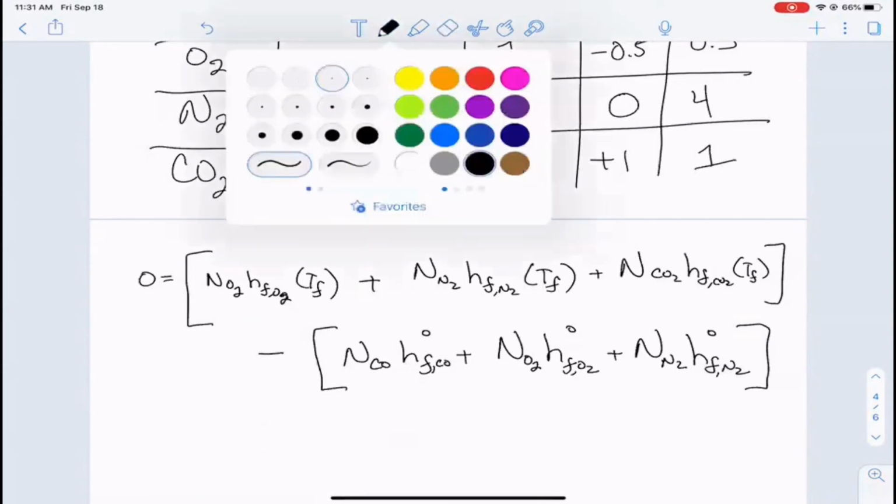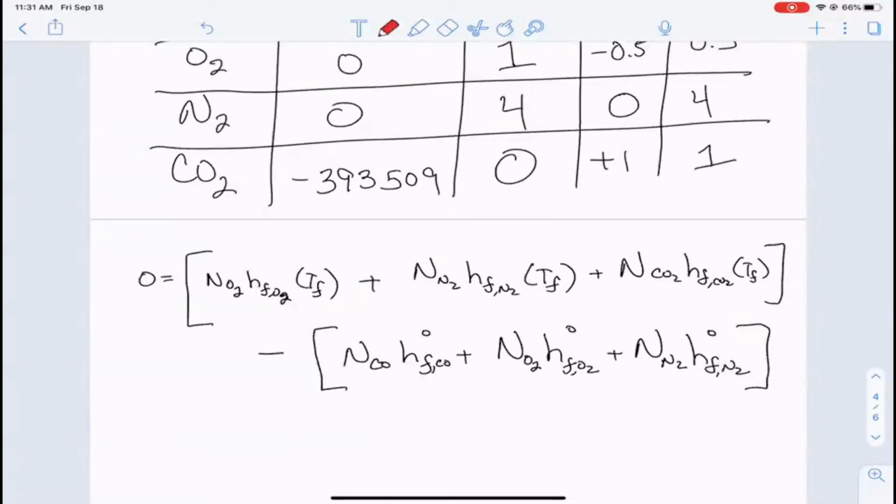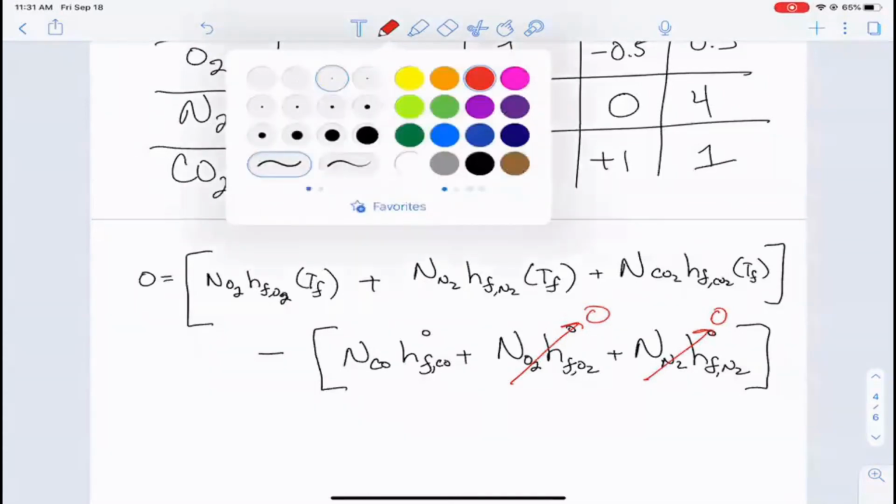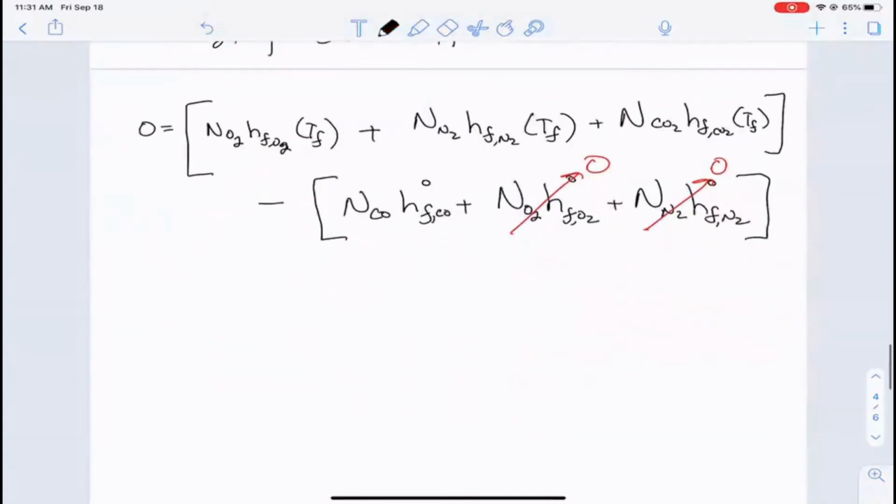So if that's true, then let's solve this, right? The only thing that we really don't know is this final temperature. So the first thing we're going to do is note that the standard heat of formation for oxygen is 0, and the standard heat of formation for nitrogen is also equal to 0. So we're not going to have to account for those terms in this particular problem.